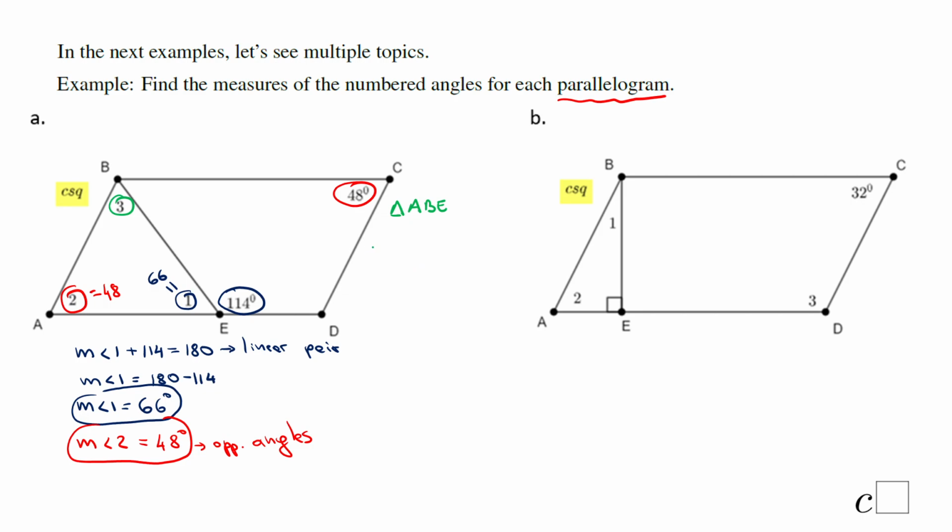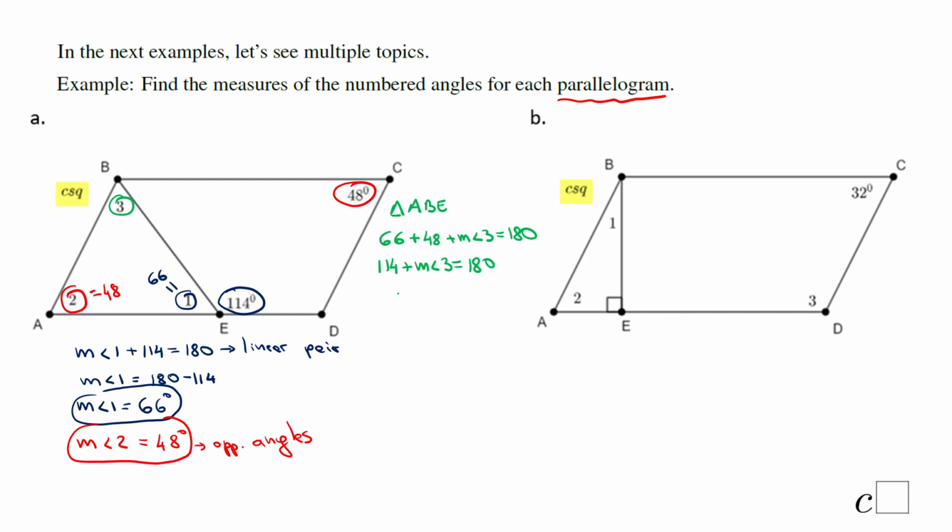So we're going to have the 66, which is the measure of angle 1, plus the 48, which is the measure of angle 2, plus the measure of angle 3, the one we need to find, equals 180. 66 plus 48 is 114, plus the measure of angle 3 equals 180.